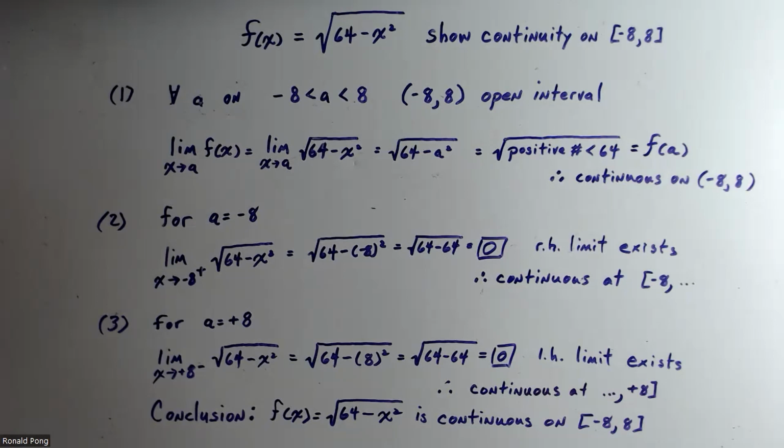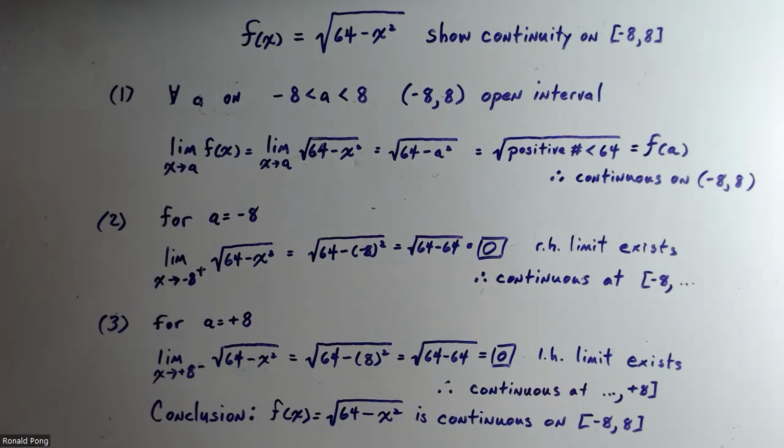Looking at the left-hand point, a equals -8, we take the limit as x approaches -8 from the right, realizing that there really isn't anything coming from the left. It doesn't exist within the domain of real numbers of the square root of 64 minus x squared. That equals the square root of 64 minus -8 squared, or 64 minus 64.